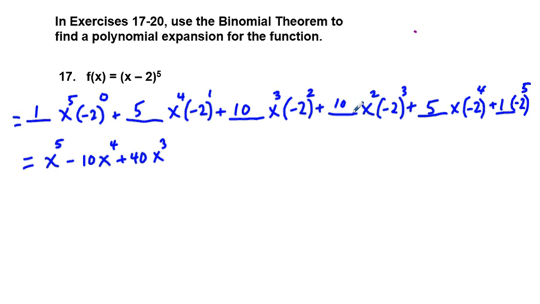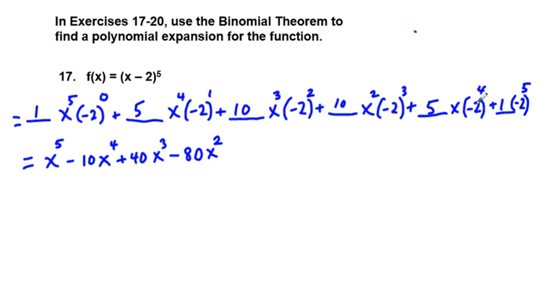And then the next one we have here is going to be our x squared term. We're going to get negative 2 cubed, which is going to be negative 8. Negative 8 times 10 is negative 80, so we're going to have minus 80x squared.